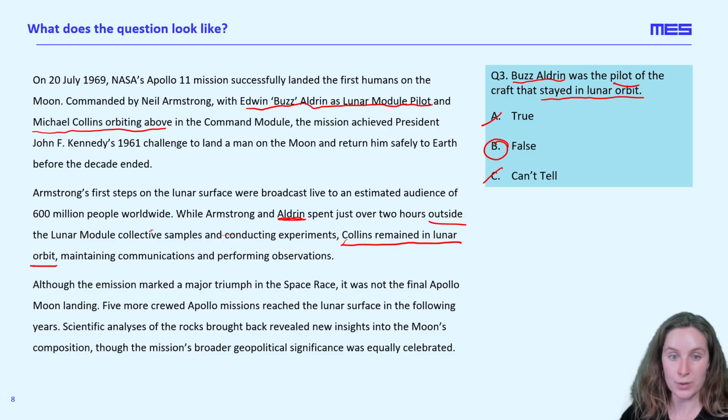Whereas now, thank goodness, we looked at that second keyword because we found that it was actually guiding us towards Collins as the pilot who stayed in lunar orbit, and thus gives us our correct answer of false.